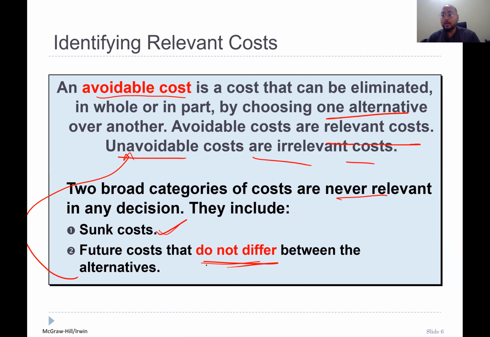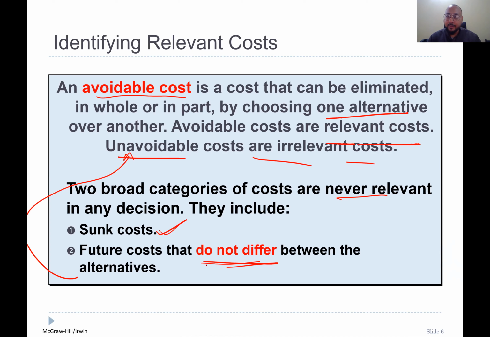So that's why we are learning here, when you are about to make big decisions, what you look for in those decisions. So avoidable costs are called relevant costs. The unavoidable costs are called irrelevant costs.